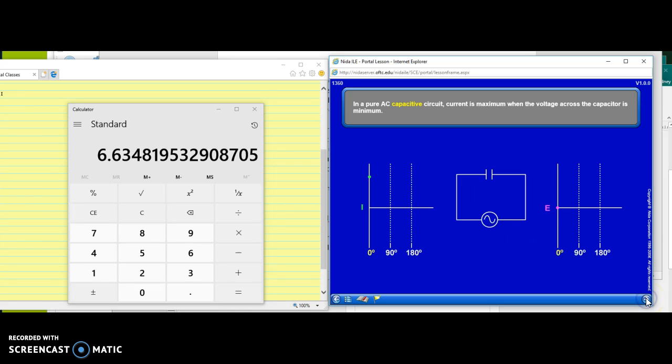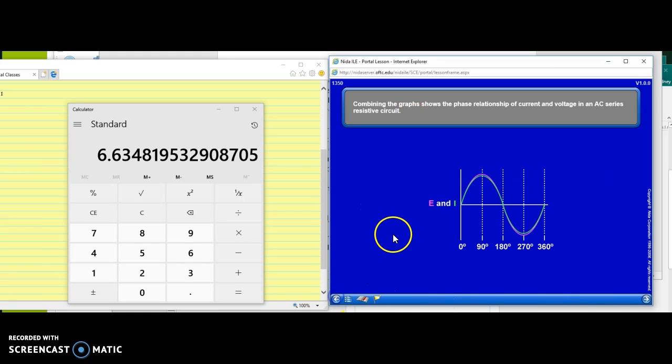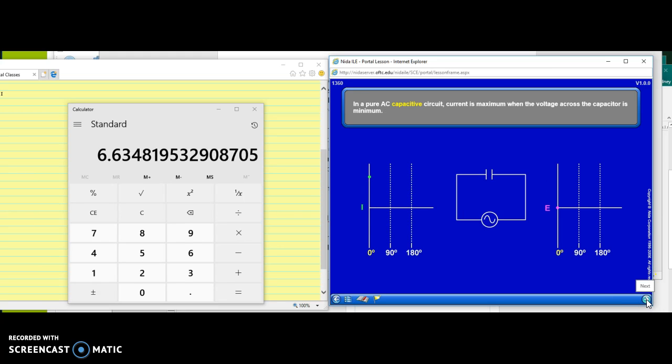However, in a capacitive circuit, current is maximum when the voltage across the capacitor is minimum. They are inversely proportional. Here, prior to, they were directly proportional. But watch what happens here. They are going to be inversely.